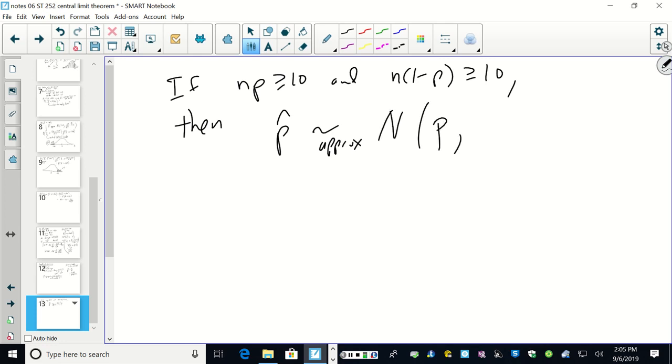It's centered at P, the actual population proportion. And the formula for the variance comes from the binomial probability model. It's P times 1 minus P over N. So in this case, there's a specific formula for the standard error corresponding to a binomial probability.